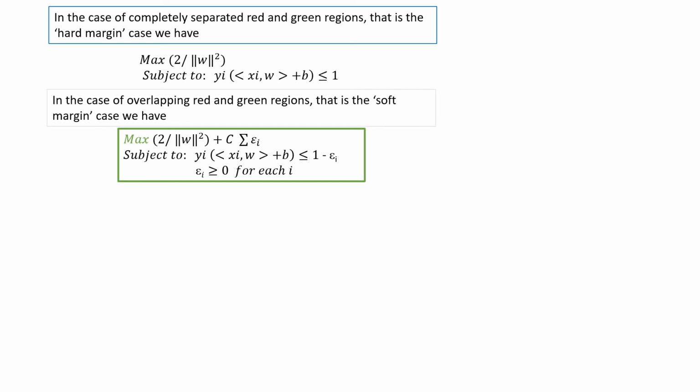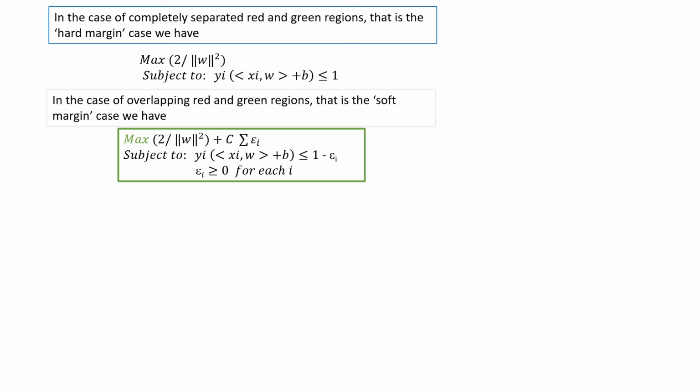We have the maximization where not only do we have the 2 divided by the norm square of the weight vector, but also a uniform cost C attached to each of the errors that are violated. So we are addressing those violations in this setup.